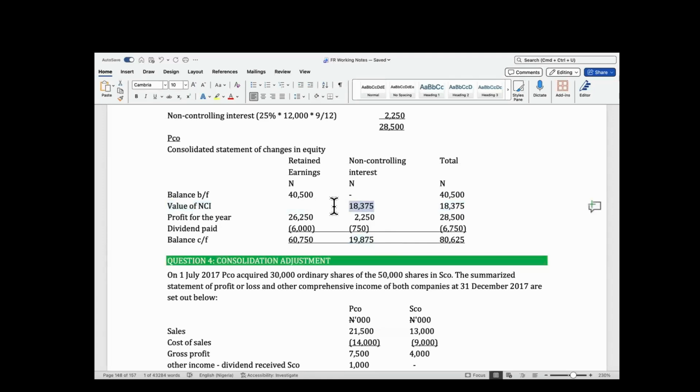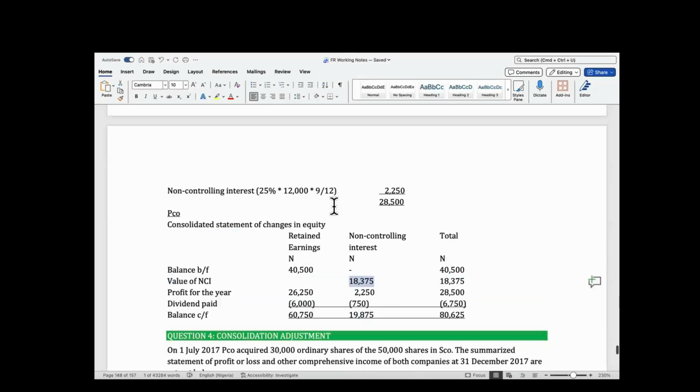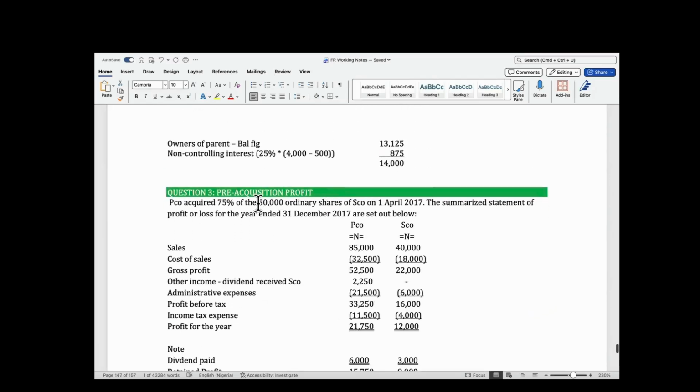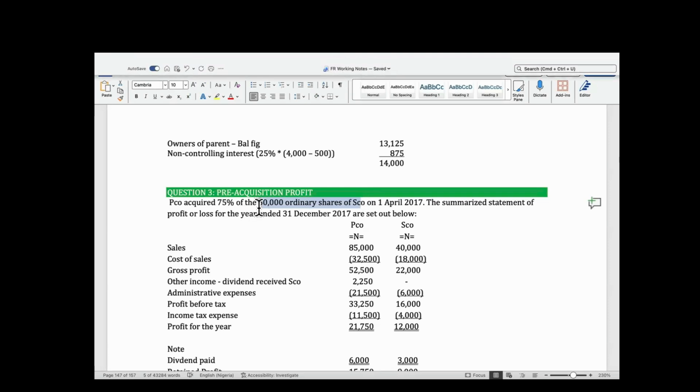And this is exactly what we usually do, what we learned in statement of financial position. So here now, to get the value of my NCI, I have the share capital of the subsidiary and also the pre-acquisition retained earnings of the subsidiary. I will just take 25% of that. That is all I need. So the share capital of the subsidiary is 50,000.